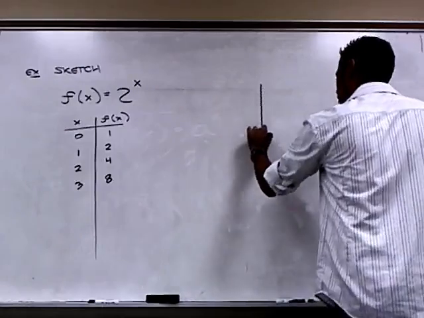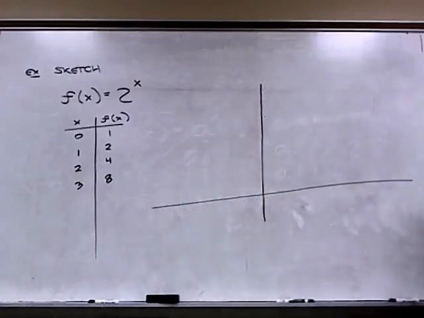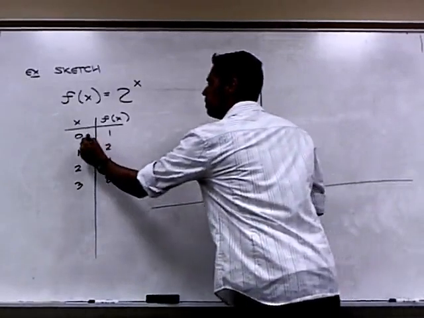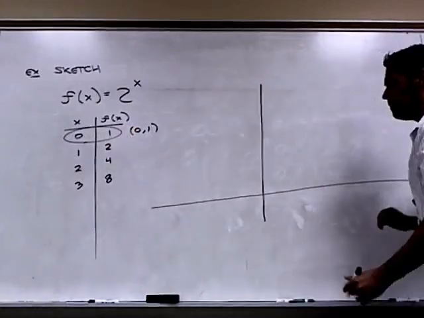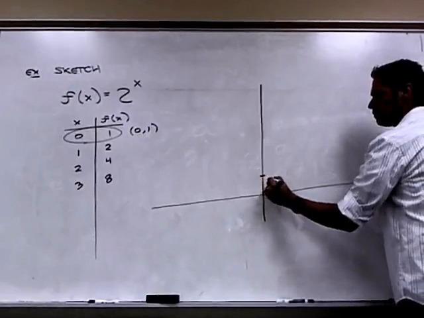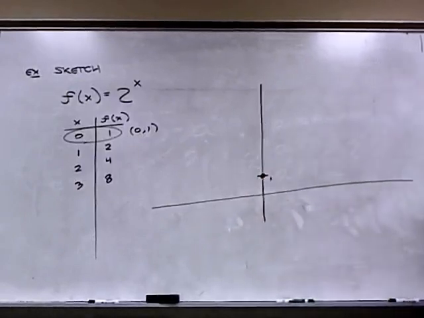And when you draw this, I want you to follow what I'm doing here. Give yourself some room in both directions like this. The first point, 0, 1, right? That means I just go up 1, and I put a dot. The next one, right 1, up 2.